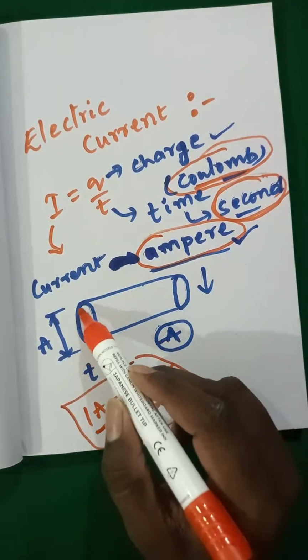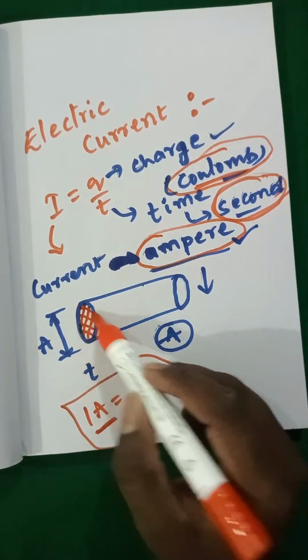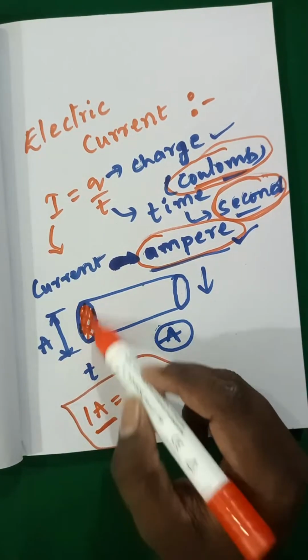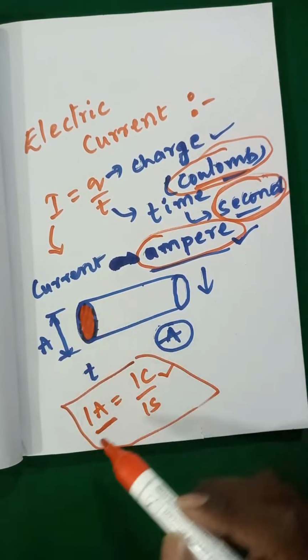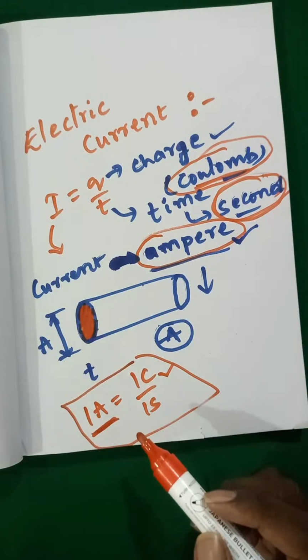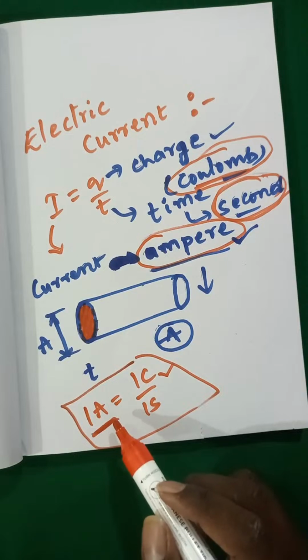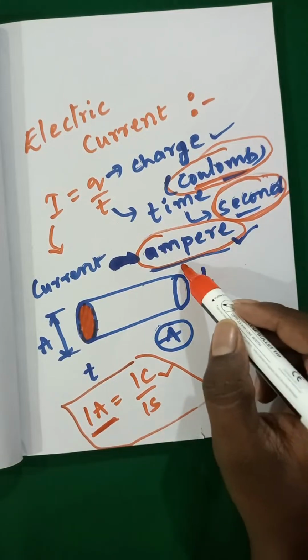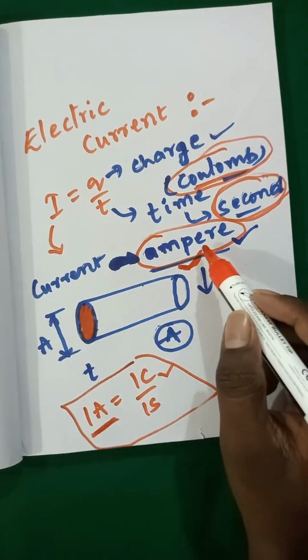For the symbol we write a capital letter, but normally while writing the units you must write with the small letter.